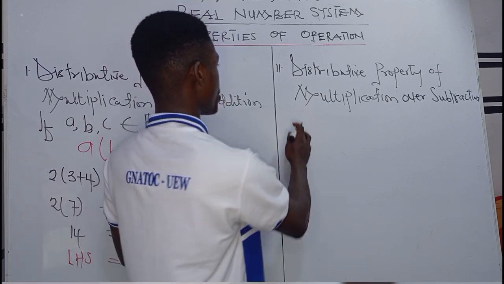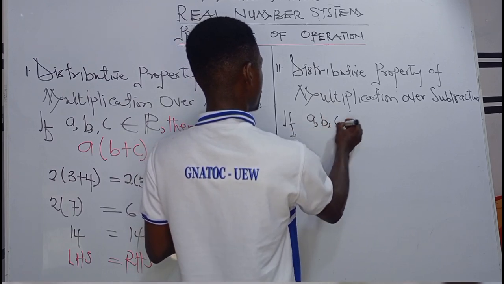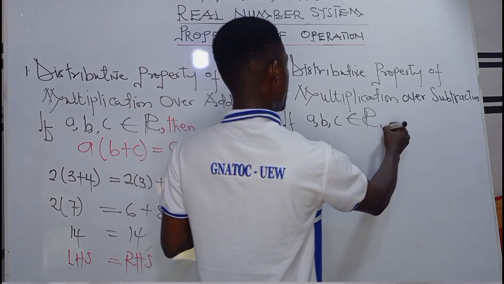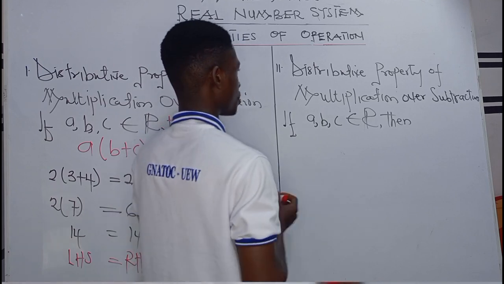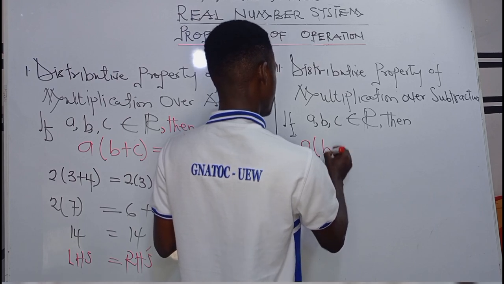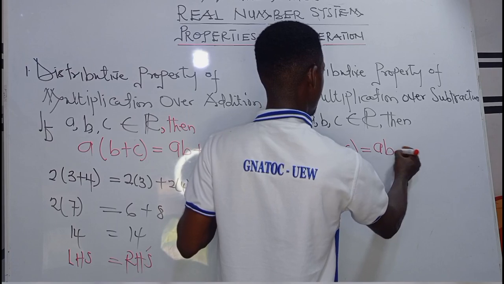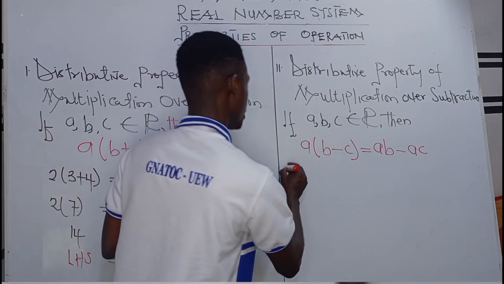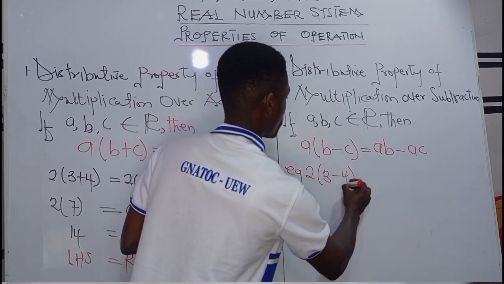So it says that if we have to pick real numbers from the set of real numbers, then A open bracket B minus C is the same as what? AB minus what? AC. So when you have, let's say, for example, 2 bracket 3 minus 4 is the same as what?